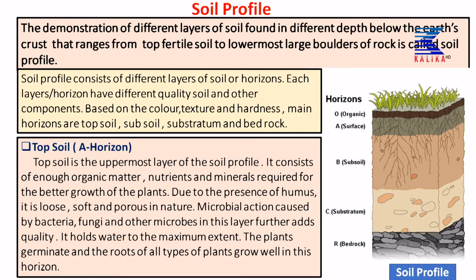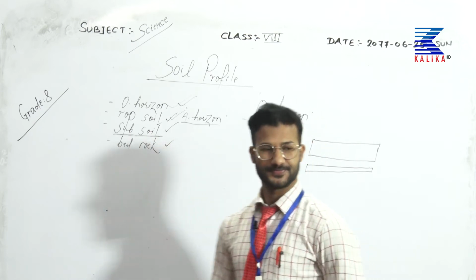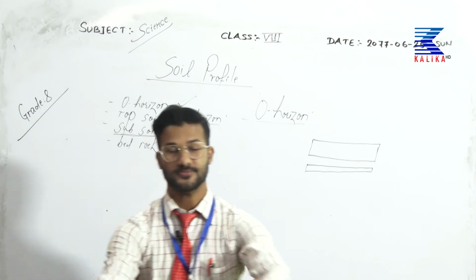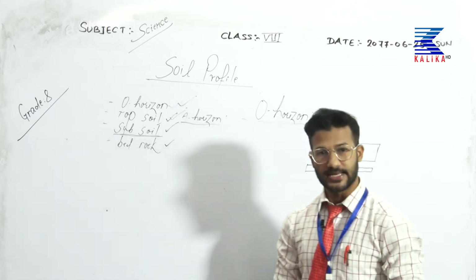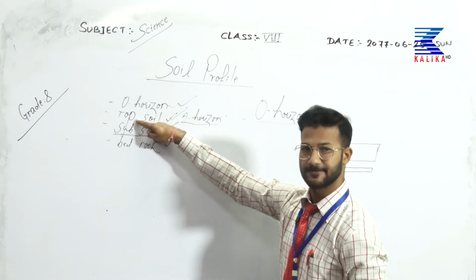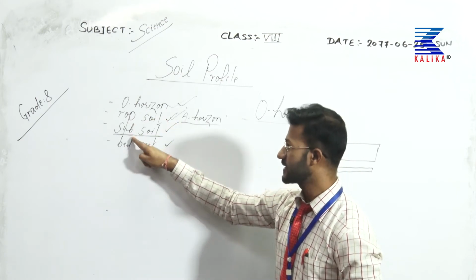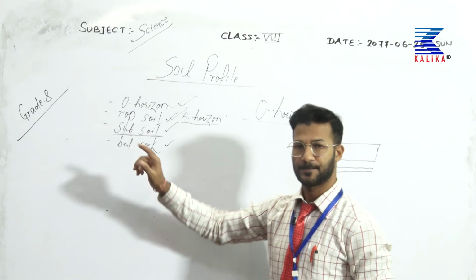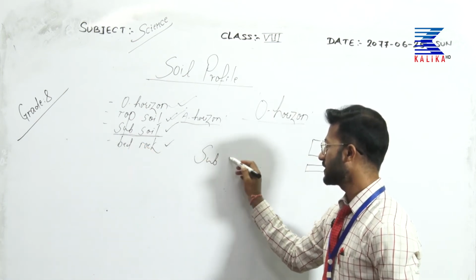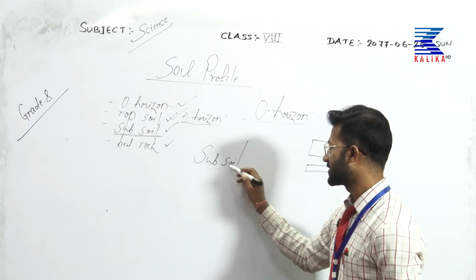Okay, the next one you can see in the board. The next one is subsoil. Okay, let us discuss what subsoil is. Subsoil is the layer of soil just below the topsoil. Just below the topsoil there comes subsoil. Here is something you need to understand.